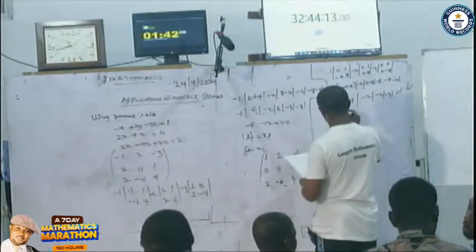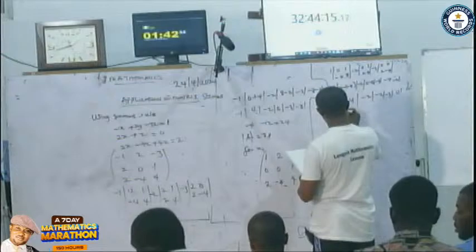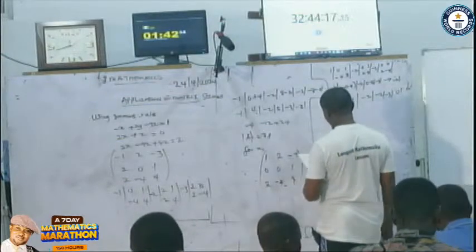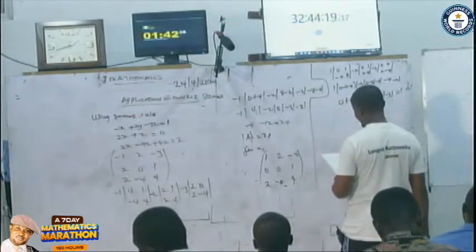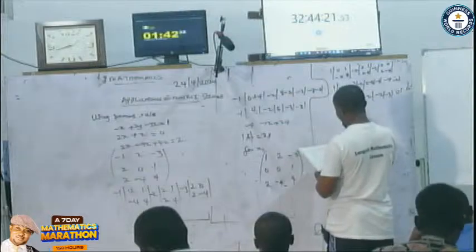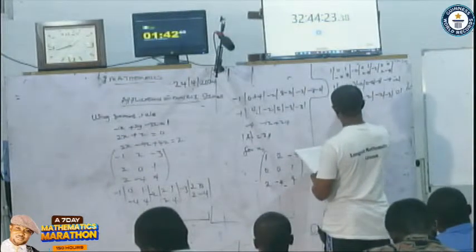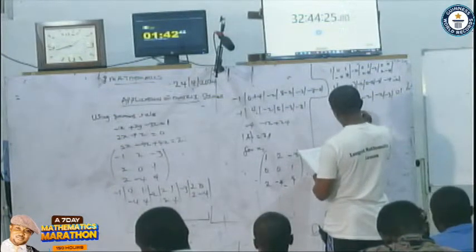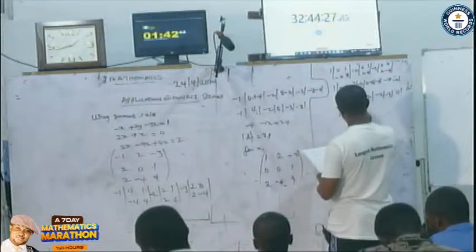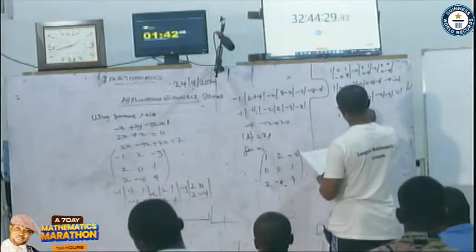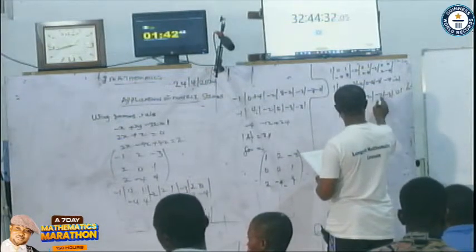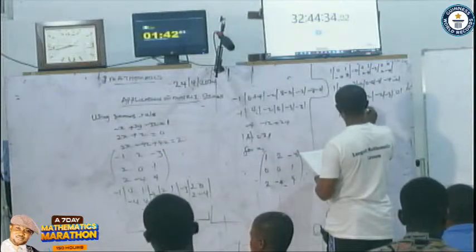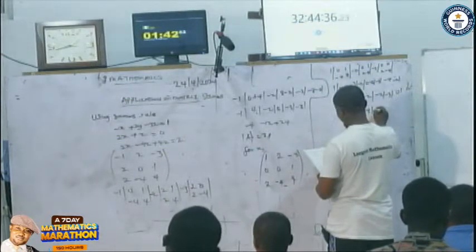So this place will become minus 2. The first part will now be 4, 1 into 4. Then plus 4. Minus 2 minus 2 will be 4. Plus 4.